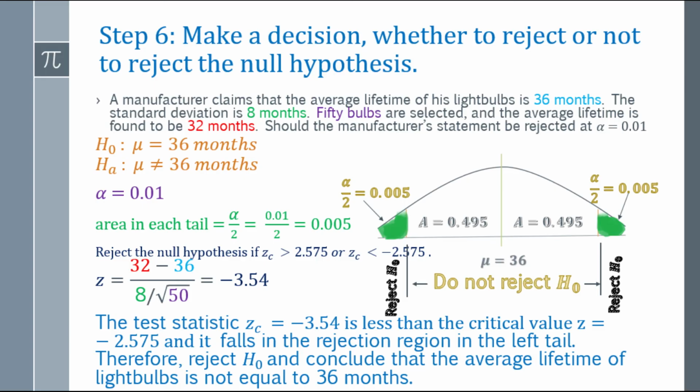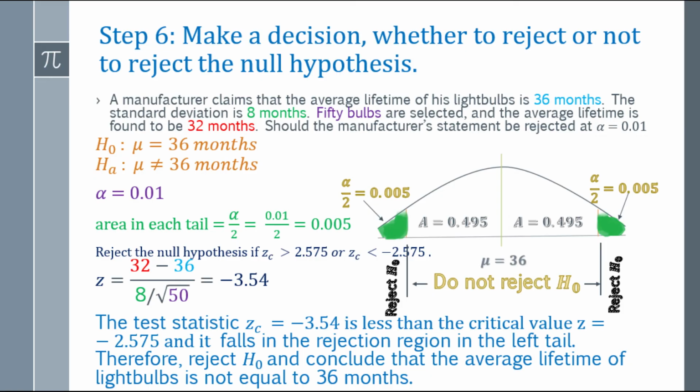So, ito yung step 6. Make a decision whether to reject or not to reject the null hypothesis. Remember, ang negative 3.54 ay nag-fall sa critical region. So, the test statistic, the computed C-value which is equal to negative 3.54 is less than the critical value dun sa tabular value na C-value, which is negative 2.575.